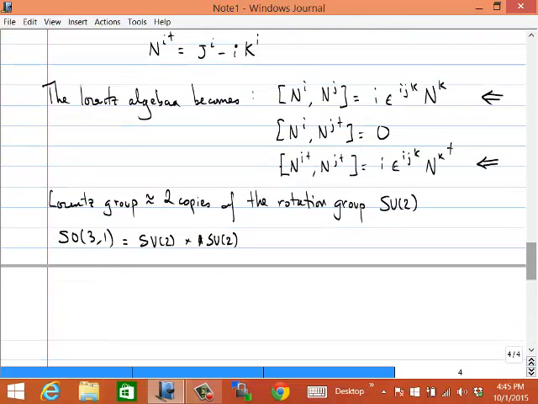So we often use a little bit of terminology when we describe the Lorentz transformations in this way. We distinguish between those 2 copies of the rotation group by calling one of them the right-handed rotations and the left-handed rotations, or the SU2 right and SU2 left. So we call them left and right.